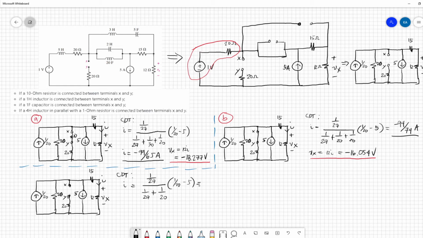We have negative 99 over 47 amperes. Now solving for Vx, it is 12I. We have negative 25.277 volts.